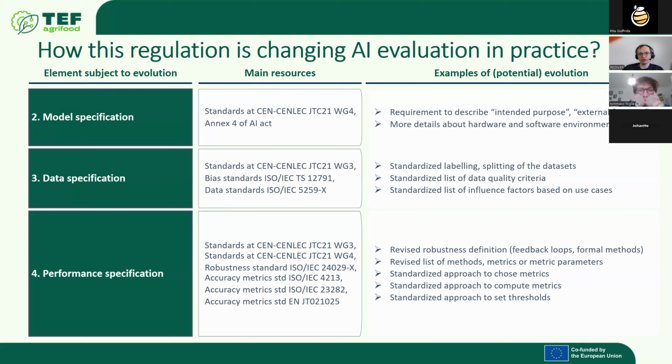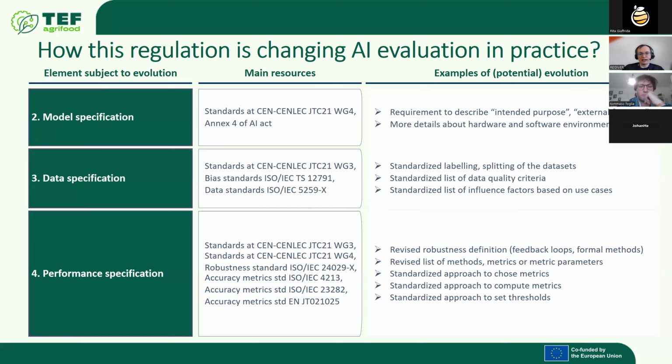Another major change concerns data management. Datasets will be standardized, split, and labeled in a consistent way, and there will be a unified list of data quality criteria. This will make evaluation more reliable and reduce the risk of hidden bias or poor data practices.